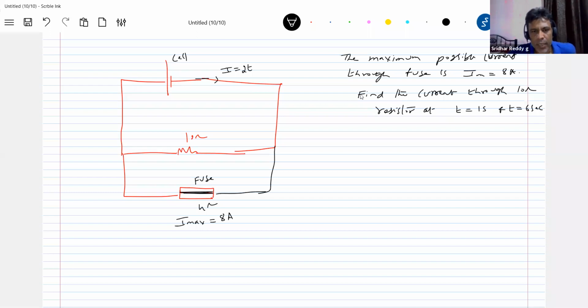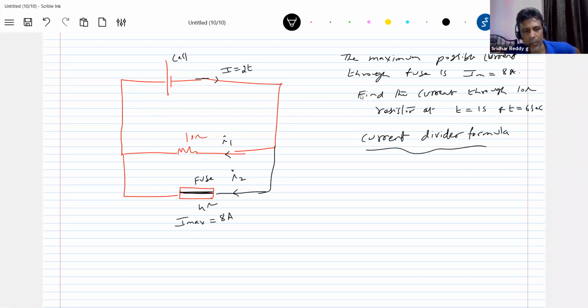Okay, a very important formula I'm going to introduce is called the current divider formula. What is the basic idea of this? If you know the current in one branch, you can tell the current of the other branch.